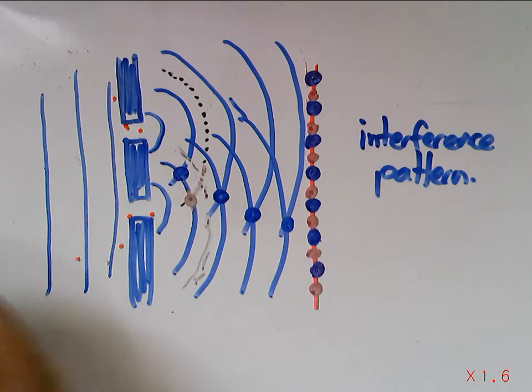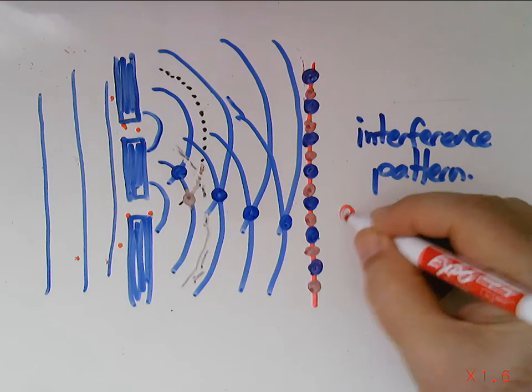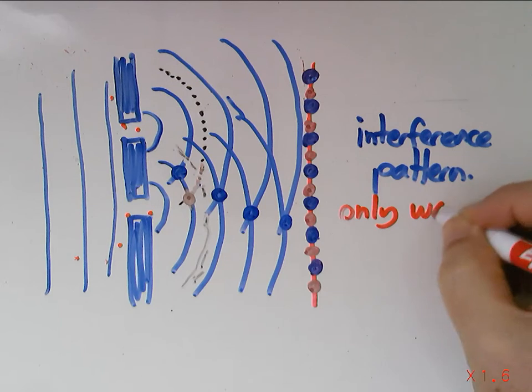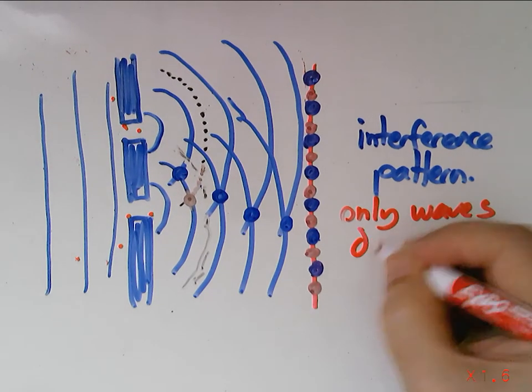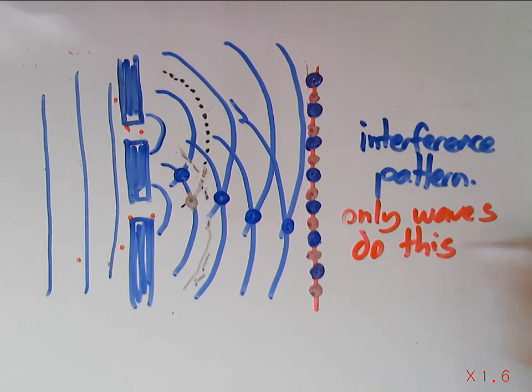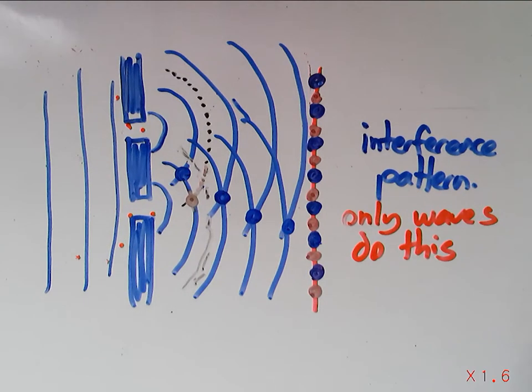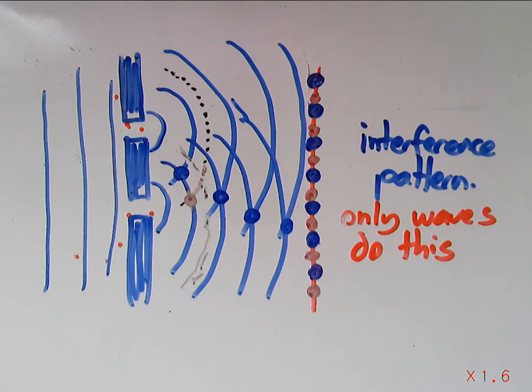Only waves do this. Because only waves can interfere and only waves can diffract, only waves can produce an interference pattern. And this is the number one experimental way to prove whether or not you have a wave or a particle.